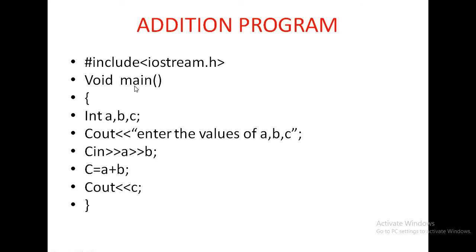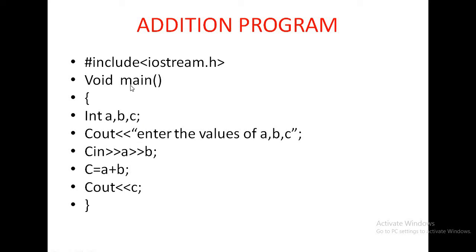We will discuss functions in C++ later; we have already studied them in C programming, but we will discuss them in C++ also. Till now, remember main is the function and it is the entry point of every C++ program. The compiler always starts execution from the main function.